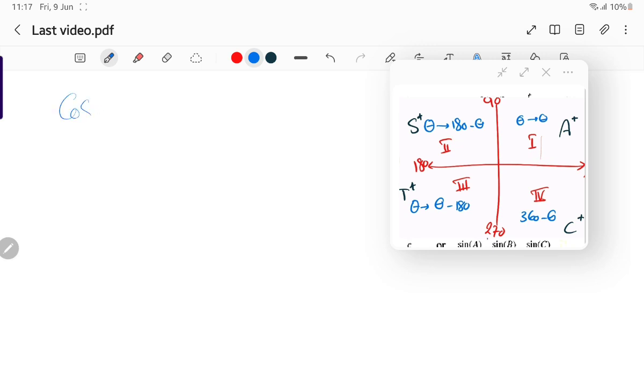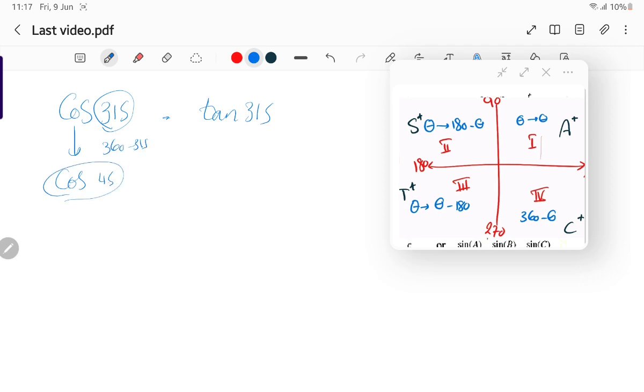For example, cosine 315 and tan 315. Cosine 315: cosine in the fourth quadrant is positive, because in the fourth quadrant cosine is positive, so the answer would be cosine, not negative cosine. What about 315? The rule for the fourth quadrant is 360 minus theta. So 360 minus 315 is 45.